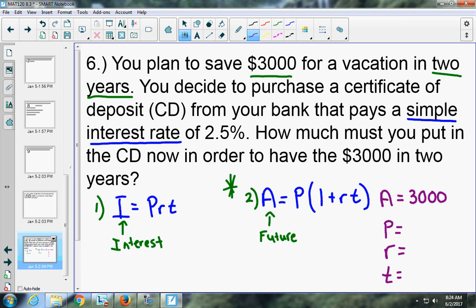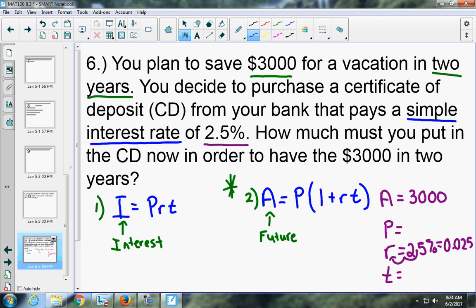If I keep reading, it says you decide to purchase a certificate of deposit from your bank that pays a simple interest rate of 2.5%. Rate then is my 2.5%. Just like before, I need to make this a decimal, which is 0.025.